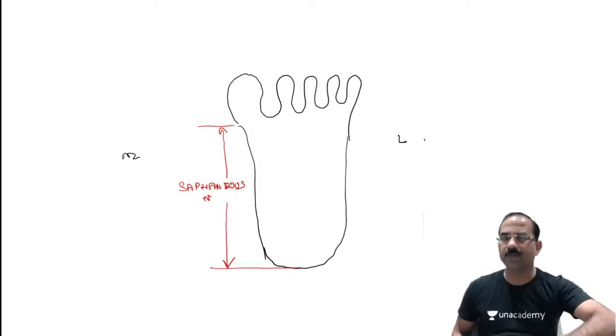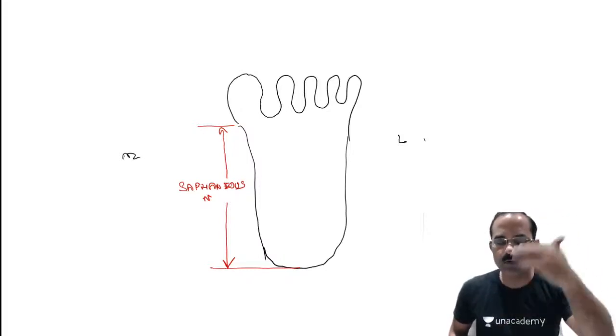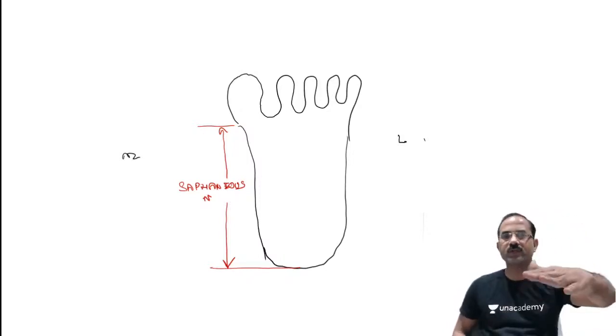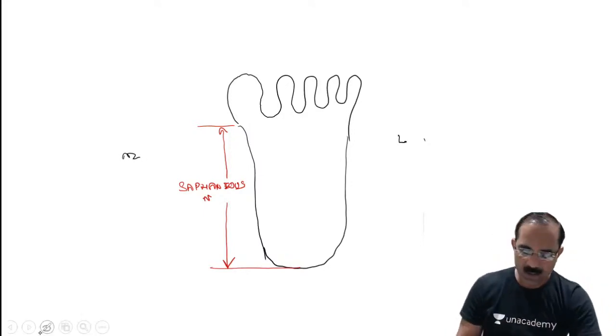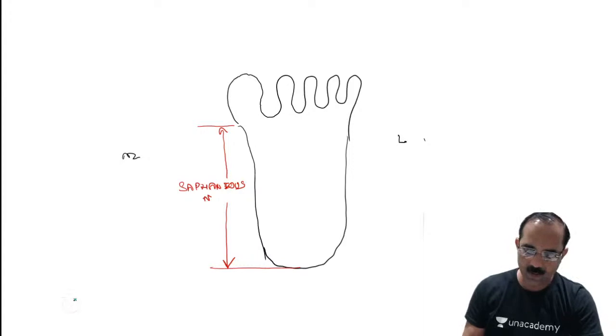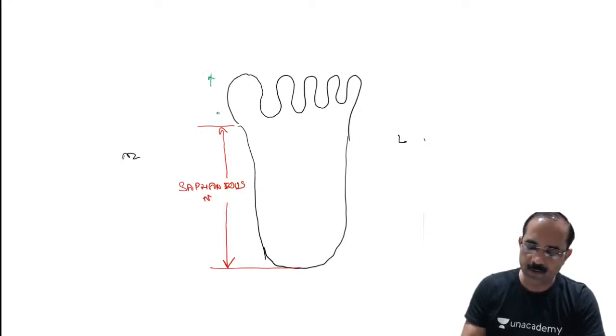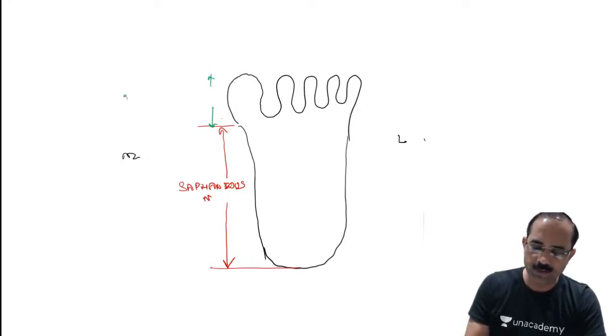It supplies the skin on the medial aspect of the leg and the foot up to the great toe. Now, who supplies the skin on the medial aspect of the great toe? Medial aspect of the great toe is supplied by superficial peroneal nerve.